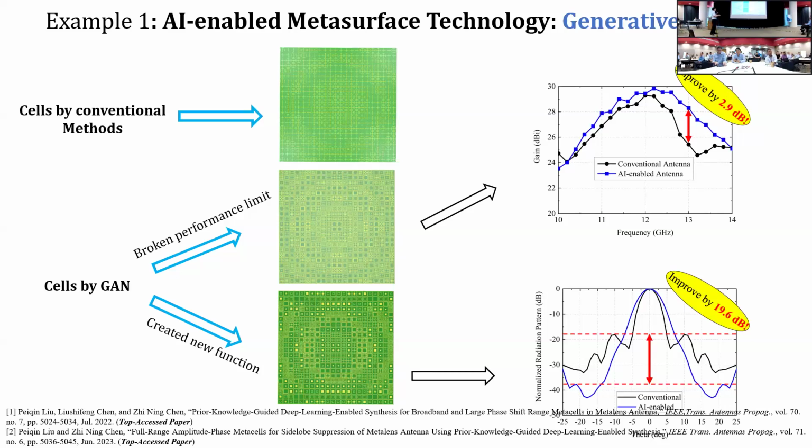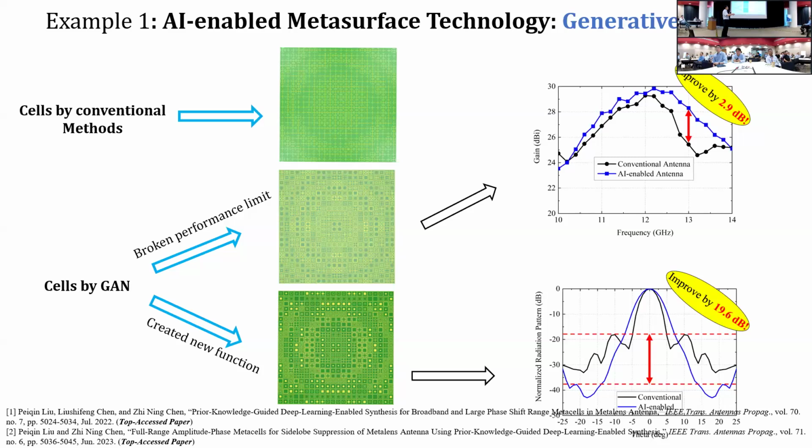Okay, so then if we go for the AI-enabled design, we can achieve a very complicated design, much more complicated than the conventional one. But the performance is increased a lot. For example, based on the conventional one, the lens antenna just achieved this gain. This is the gain response against the frequency. But if we use the AI-enabled design, then you can find the gain increases a lot.